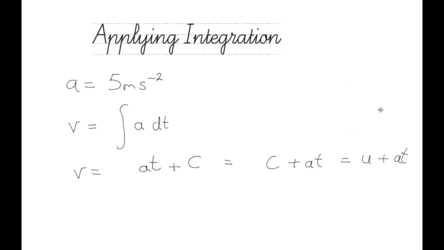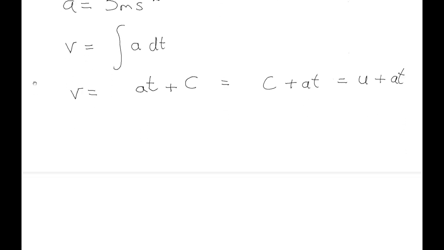Let's go a bit further. Let's say we want to find the displacement, which is s. That would involve integrating twice. So starting with our formula for the acceleration, if we integrate again, so we've ended up with this.